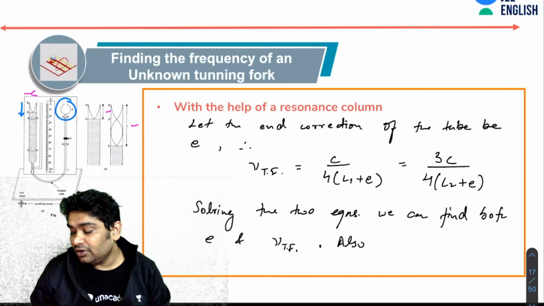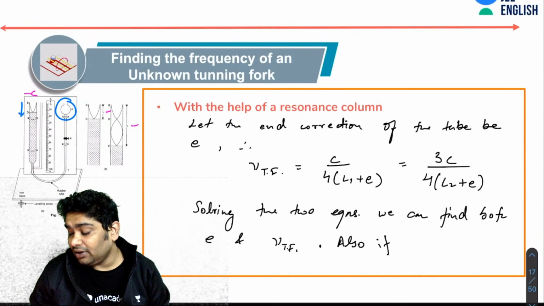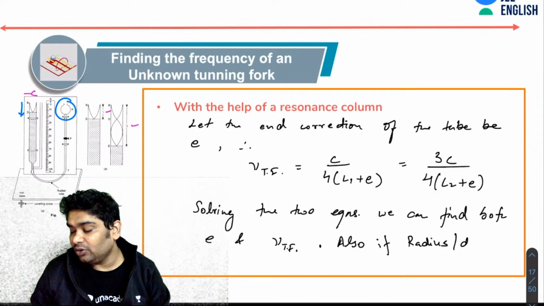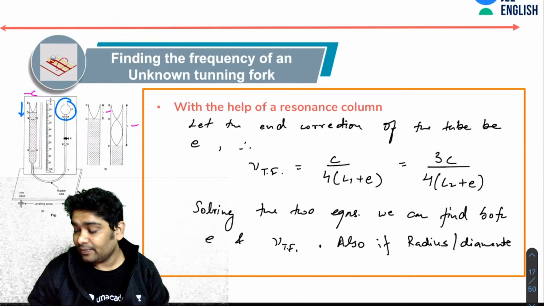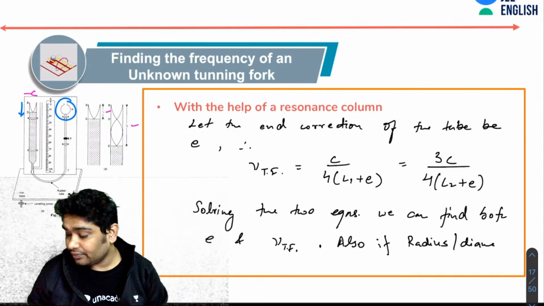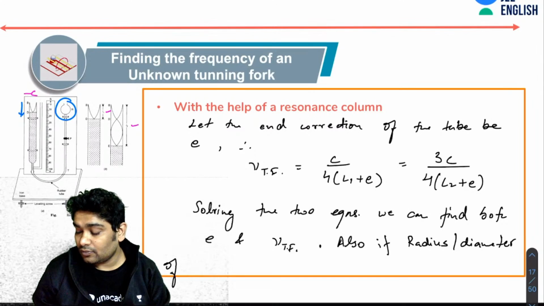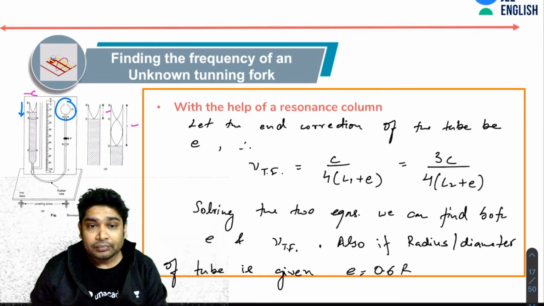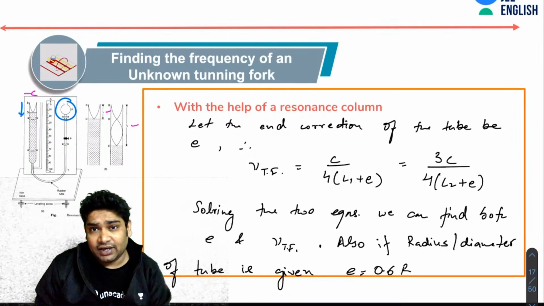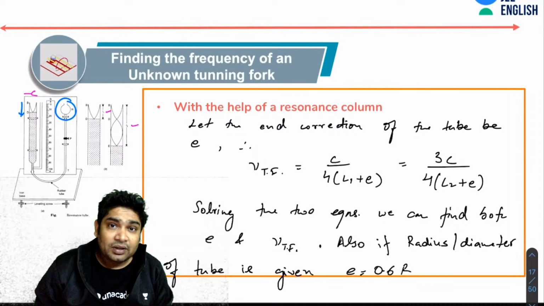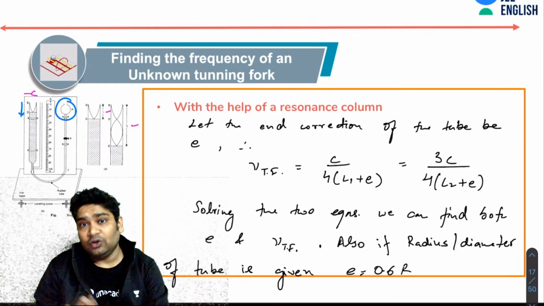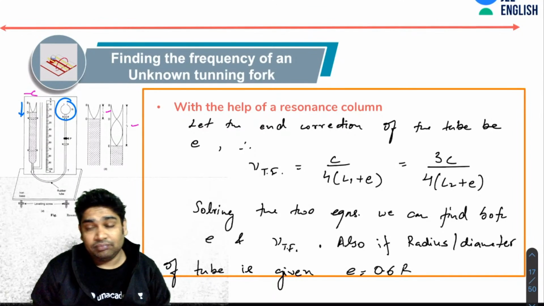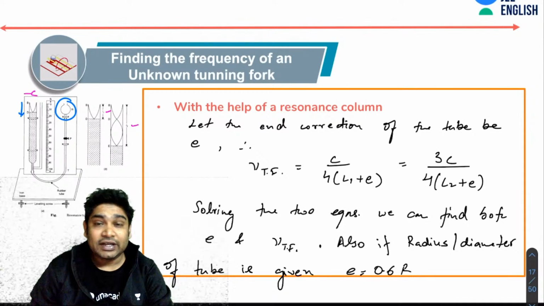Also, if the radius or diameter of the tube is given, then you will remember end correction is 0.6 times R or 0.3 times D. So that was another way with which you could have calculated E and then figured out the frequency of the unknown tuning fork with a single value of L. Or if even this is not mentioned and only a single value of L is given, then we usually ignore the end correction. Okay.